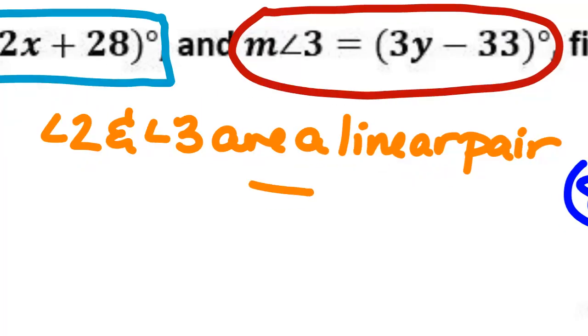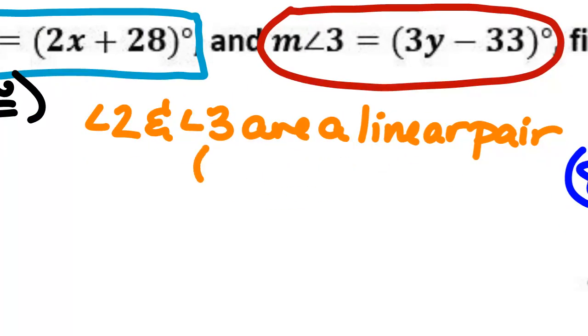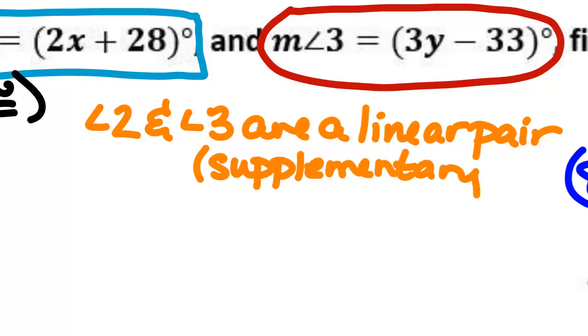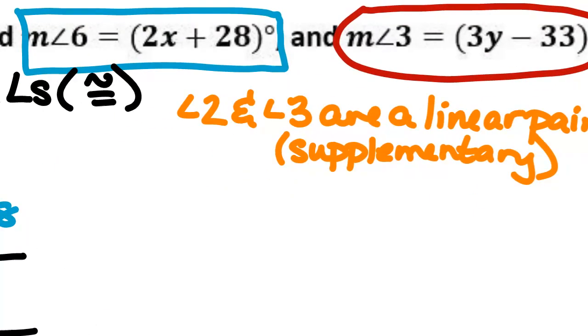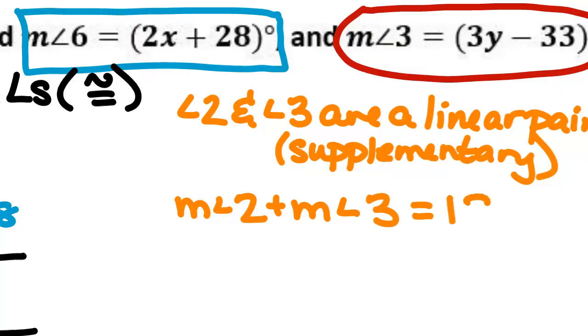Are linear pair angles congruent or supplementary? Supplementary. So I can say the measurement of angle 2 plus the measurement of angle 3 equals 180 degrees.